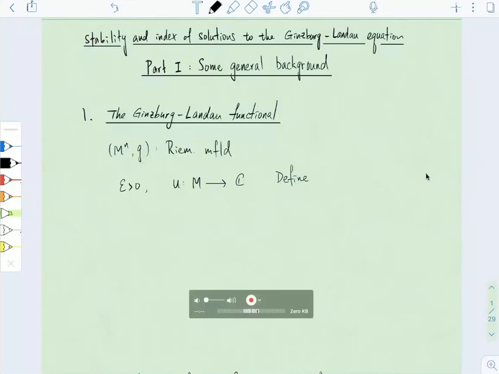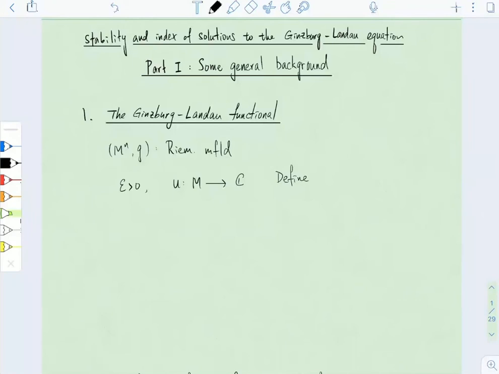So now let us get started. I suppose I should first tell you what the Ginzburg-Landau functional is. The setting is that we have a compact Riemannian manifold, and the functional comes with a parameter epsilon, and it takes a complex valued function u.